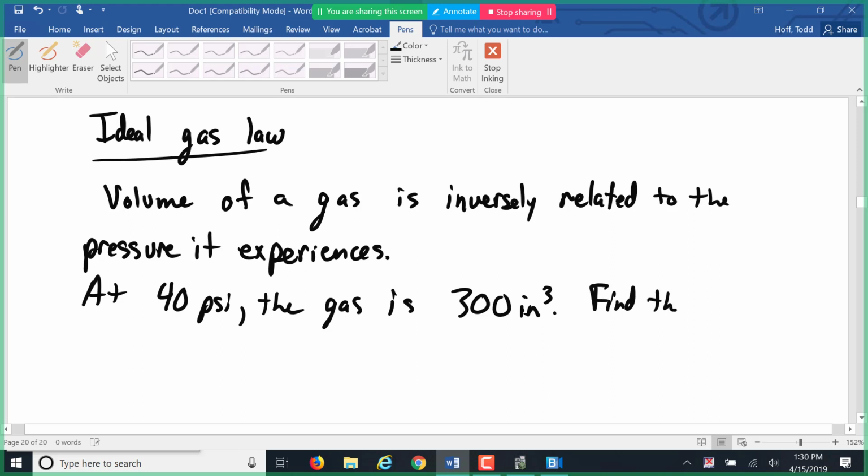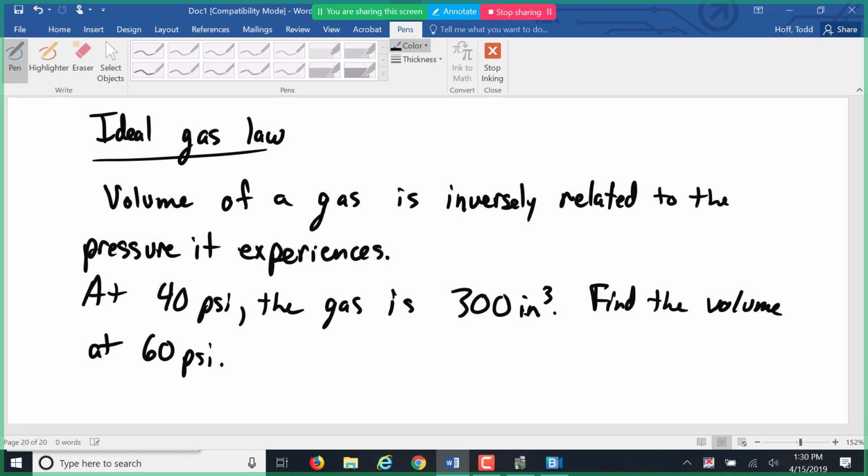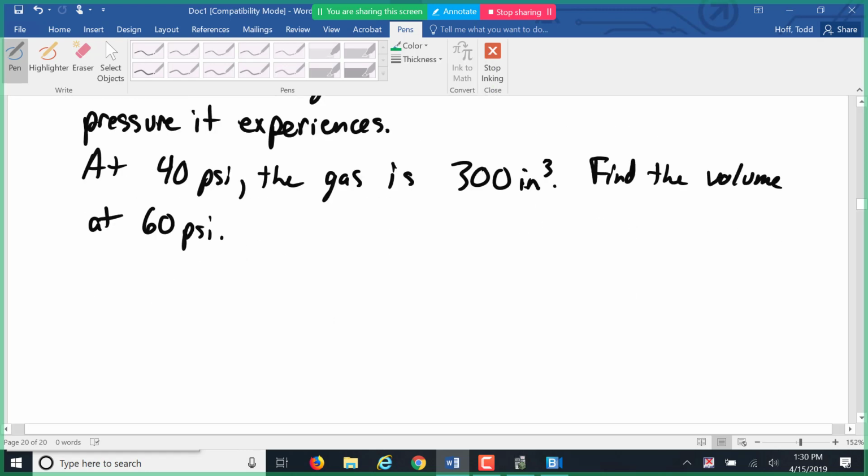Let's find the volume at 60 psi. So our pressure and our volume are inversely related.